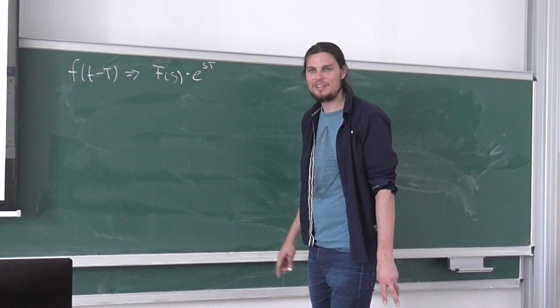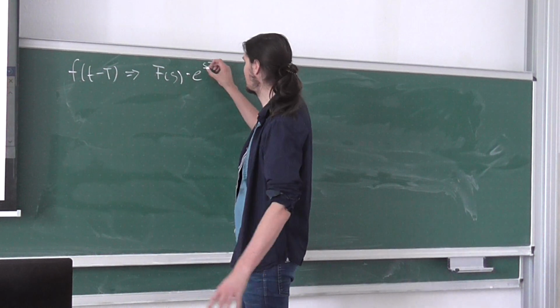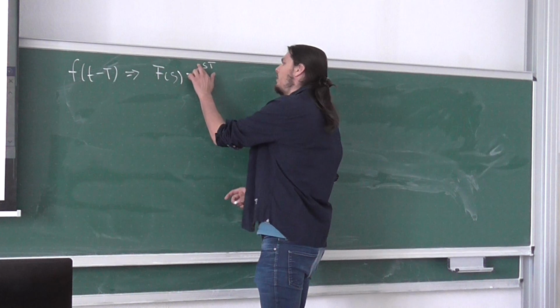I'm not sure which one is which direction in the entire domain. I mess this up all the time, so don't hold me to it. It might be this or it might be the other way around.